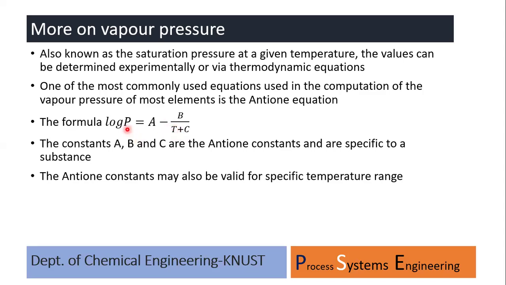When we do that, we can make P the subject, and that will be the saturated pressure. Is that okay? So this is the Antoine equation. We have constants A, B, and C. We can get them from different references and tables. We put them in, make P the subject, and then we get the vapor pressure.